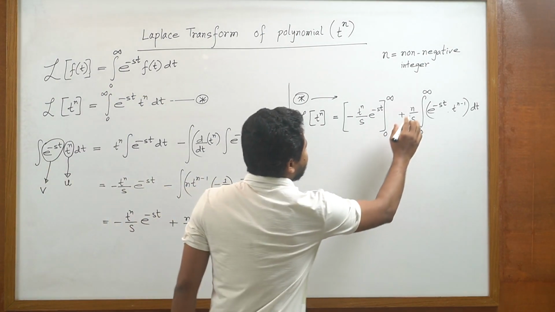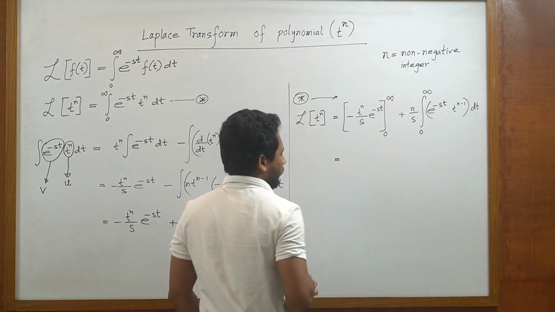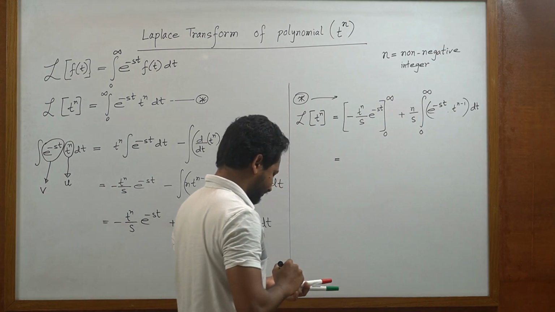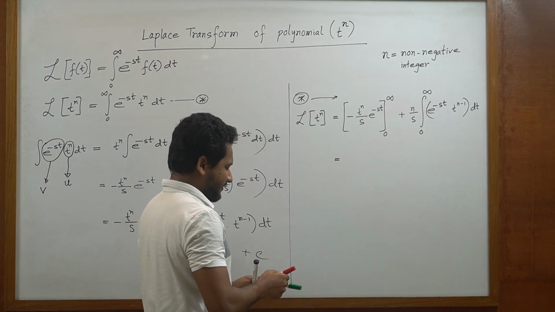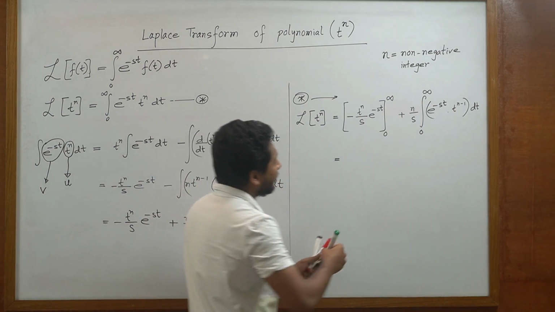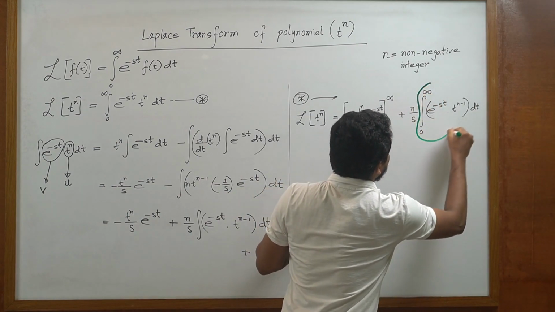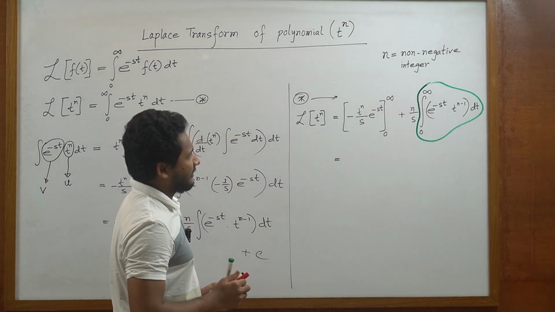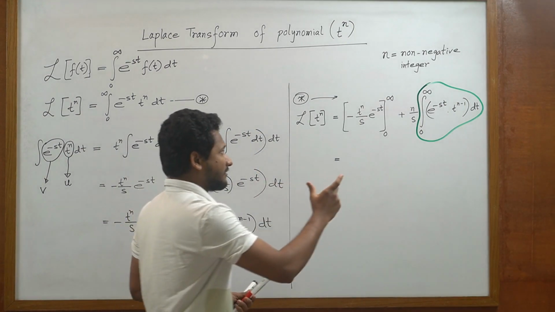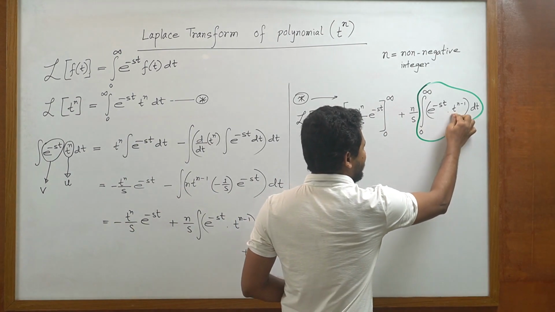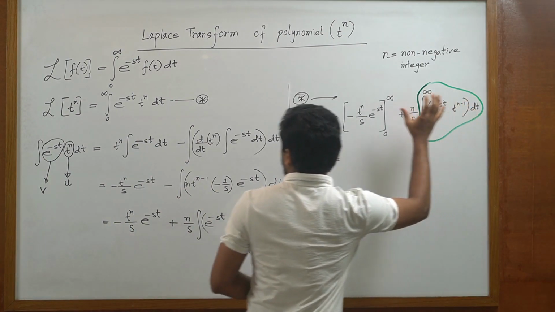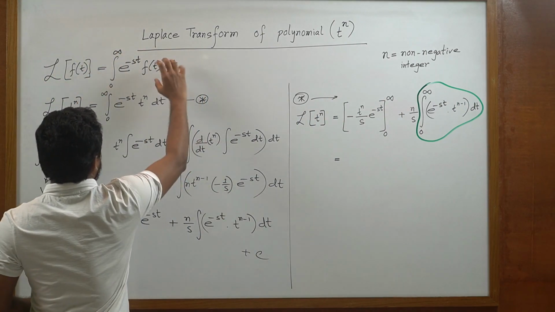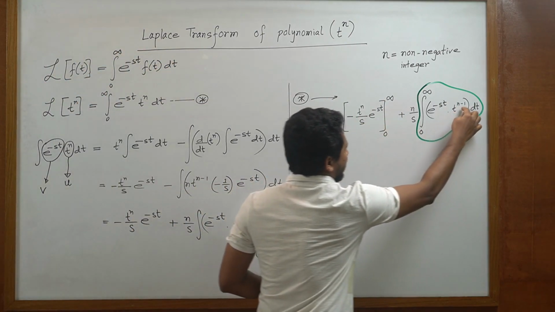Now look at this portion. This portion is the Laplace transform of t to the power n minus 1, because the Laplace transform is defined by this equation, and here f of t is t to the power n minus 1.